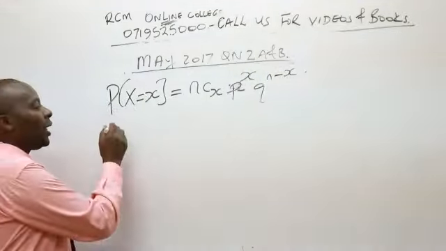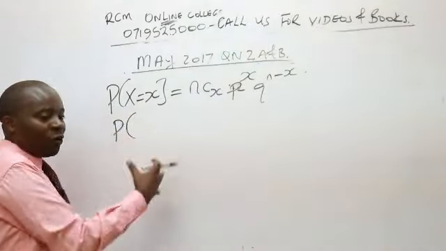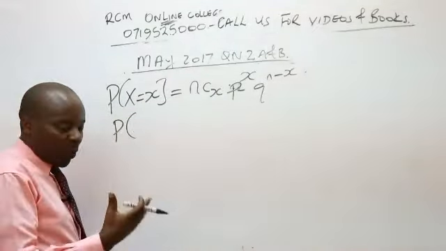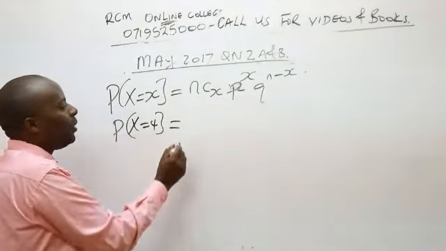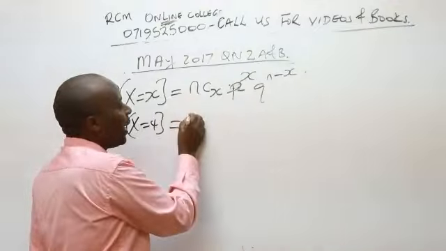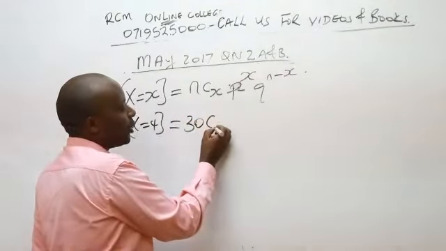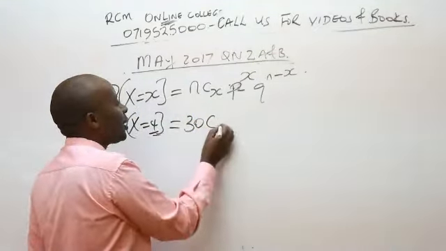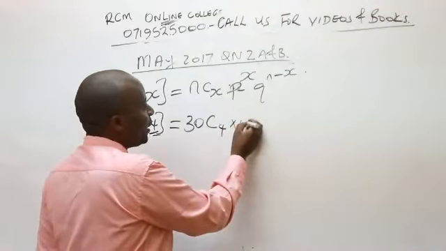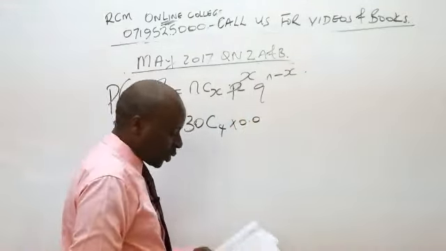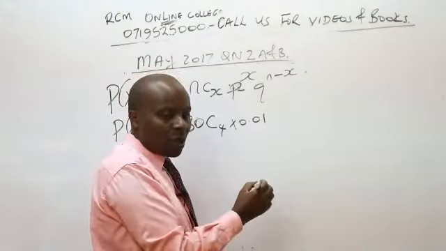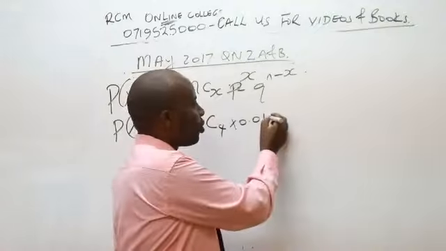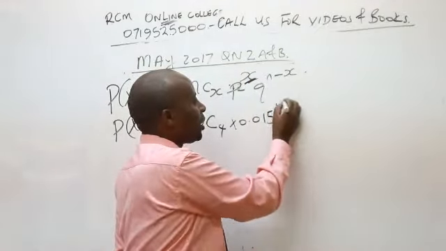I'm moving quite fast because I know you have become accustomed to this. So the probability of x being equal to 4 will be equal to n, which here is 30, combinations x, where the parameter is 4, and then we have the probability of success, which is 0.015 raised to x, which is 4.